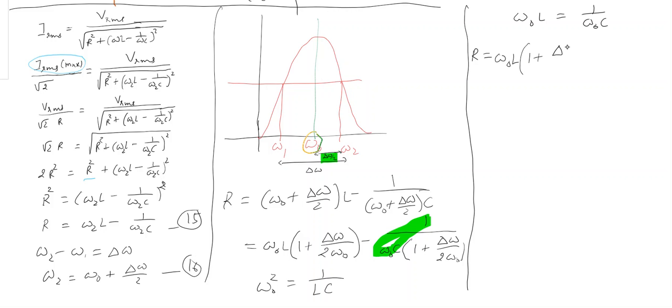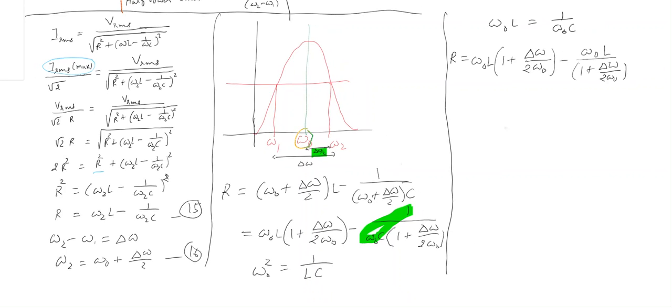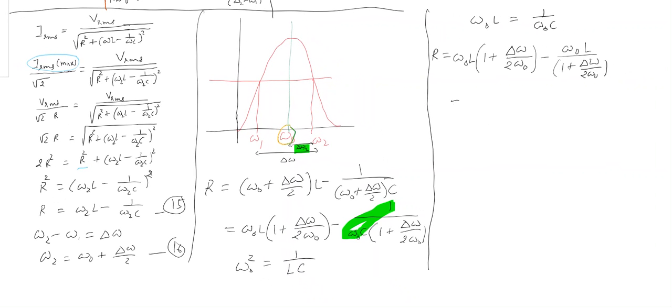1 plus delta omega by 2 omega 0 minus omega 0 L upon 1 plus delta omega by 2 omega 0, which can also be written as omega 0 L times 1 plus delta omega by 2 omega 0 minus 1 plus delta omega by 2 omega 0 raised to minus 1.